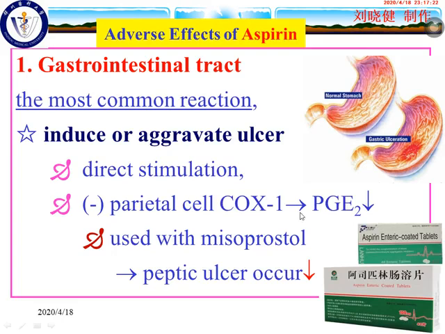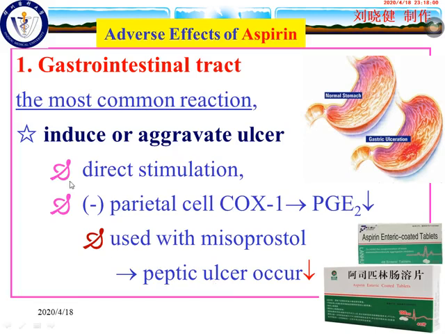So once the production of PGE2 is also inhibited, the protective function for the mucosa of the stomach is reduced by aspirin. So sometimes it is necessary to suggest the patients use aspirin with misoprostol. Misoprostol is an analog of prostaglandins. It tries to prevent peptic ulcer.